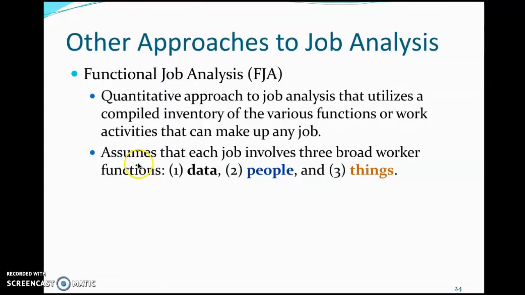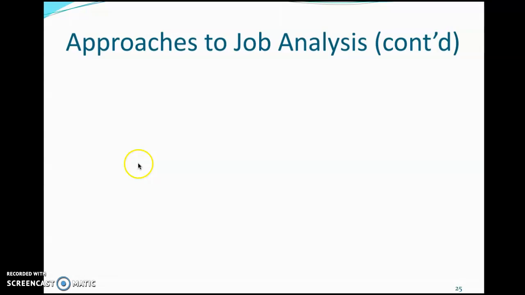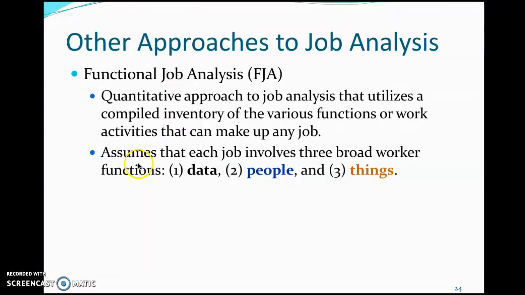Okay. The other one that a lot of people are familiar with is FJA, Functional Job Analysis, very much a quantitative approach to job analysis. Again, there is a list provided or an inventory of various functions. In this case, they look at 3 broad areas: data, people, and things. Right. So in terms of, do you analyze data?